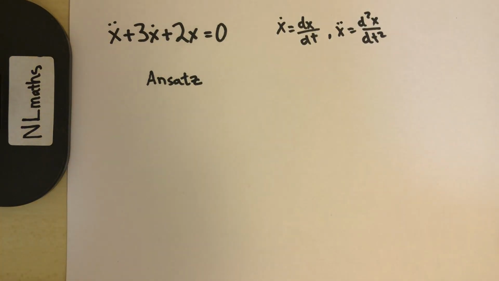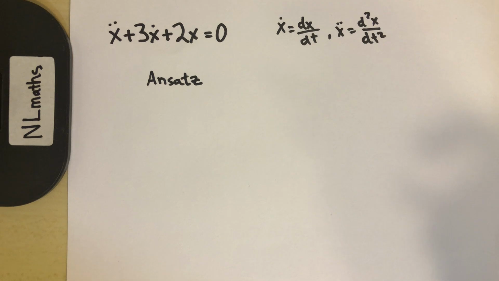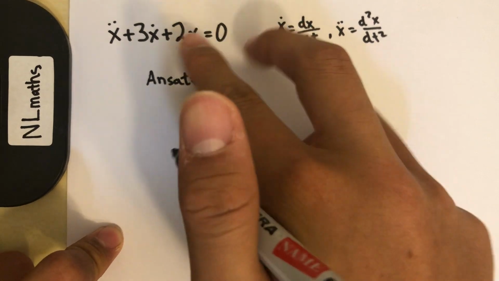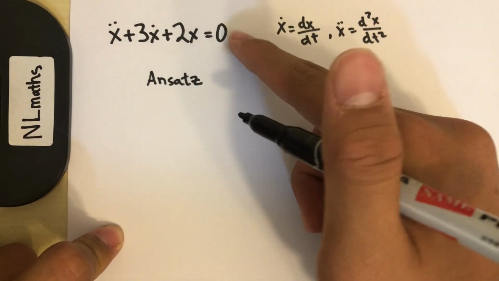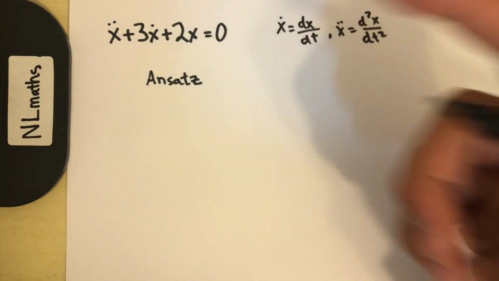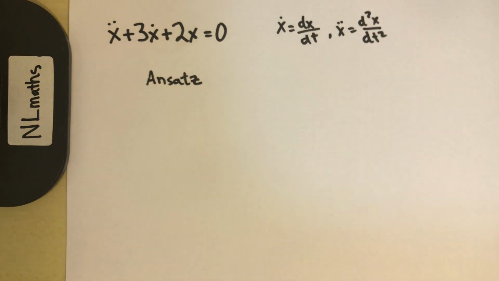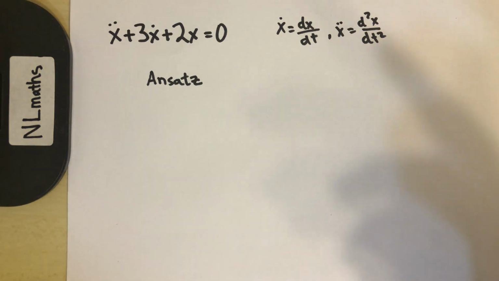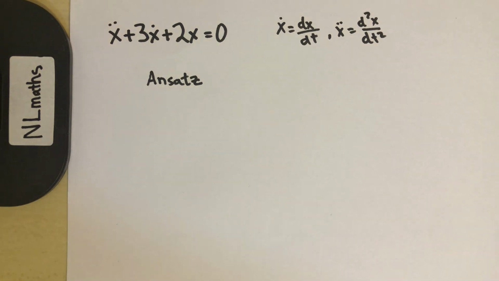And of course, I'm going to guess, because look, even if you take these to the side, x double dot equals negative 2x minus 3x dot, no matter how many derivatives you take, there's still an x to it. So what function, if you take the derivative many times, will have the same x and maybe plus a constant or something?